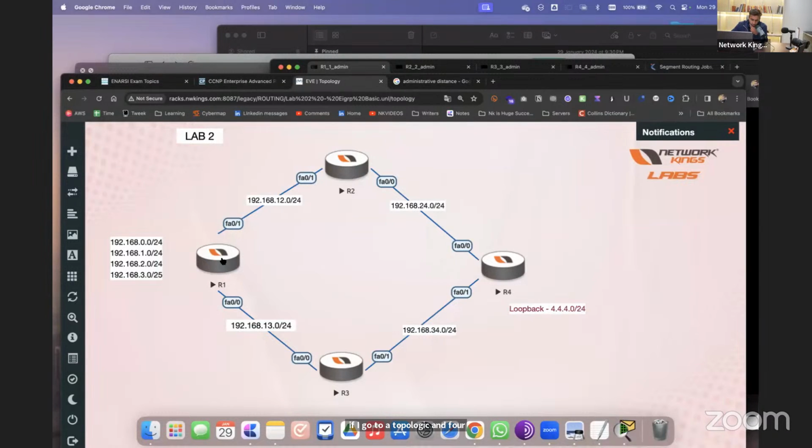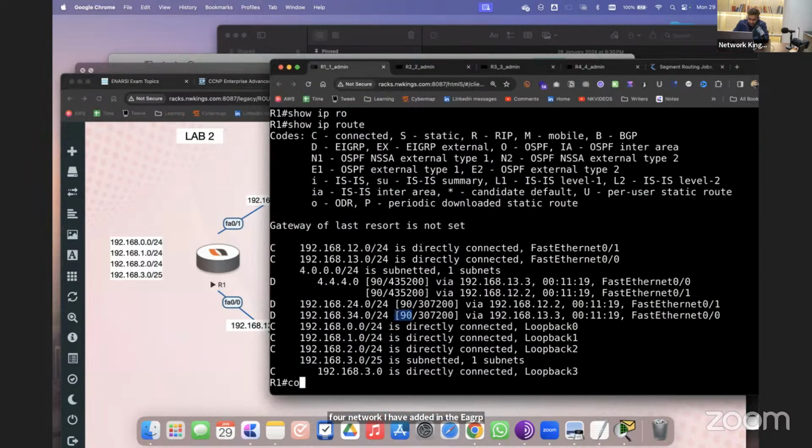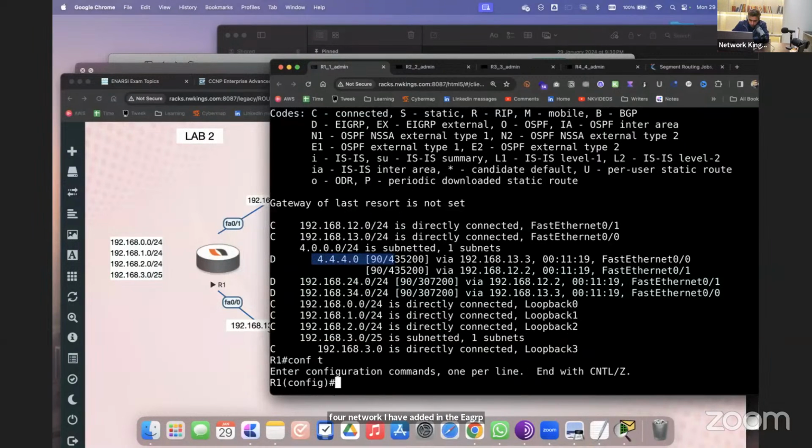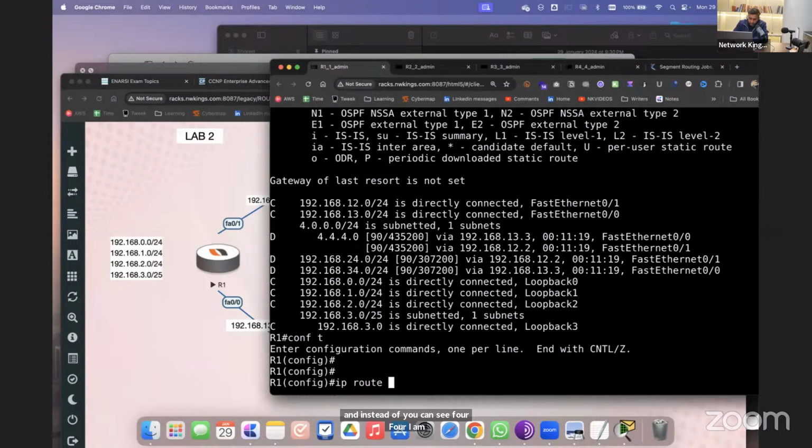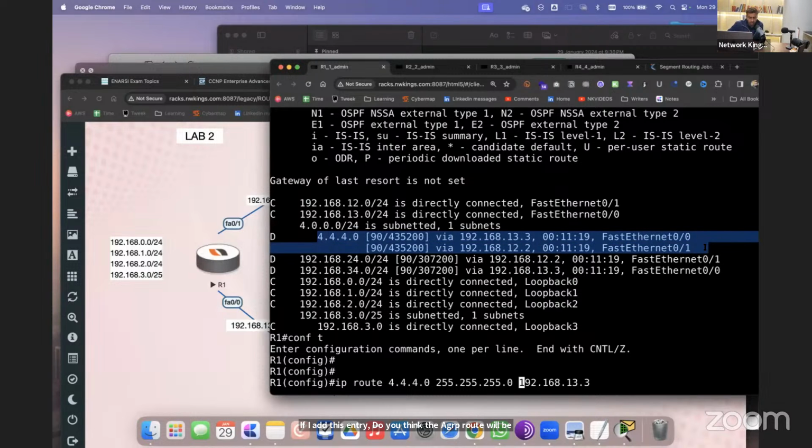If I go to R1, you can see I'm getting 4 from router 3 and router 2. But what I'll do is add a static route for the same, saying I'm getting it from 13.3. So now tell me, if I add this entry, do you think the EIGRP route will be visible here in the routing table?